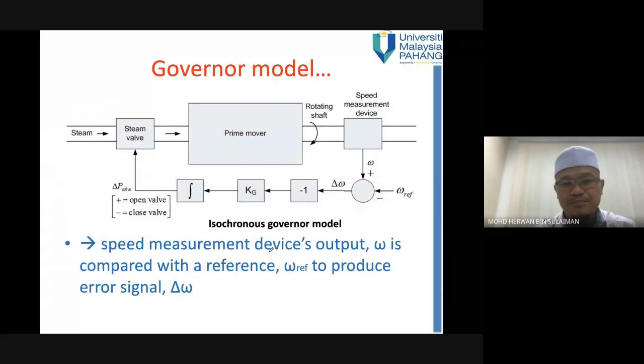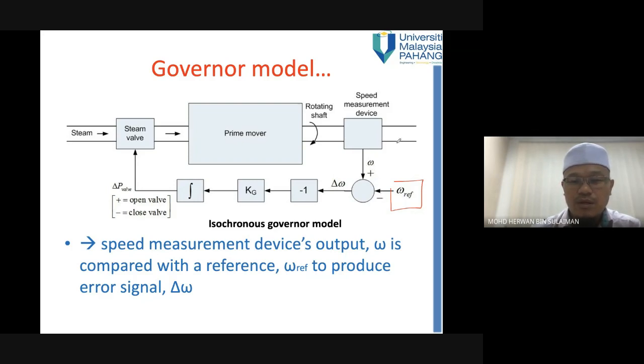This is an example. So we have, this is a reference, this is an example of an asynchronous governor. So we have the prime mover and the steam valve. This is how it opens or closes. Okay, so let's say we have a speed measurement device. This is the rotating shaft. Let's say we have a plus minus.